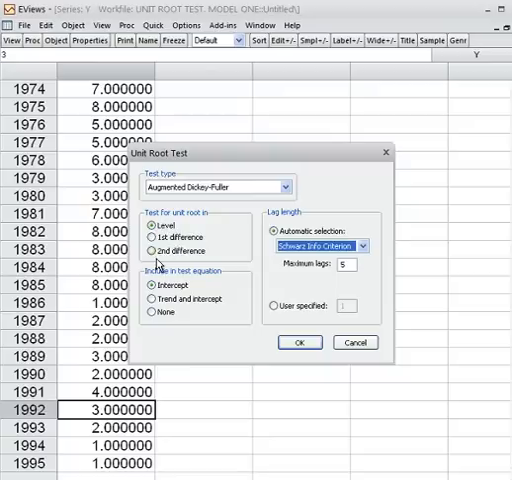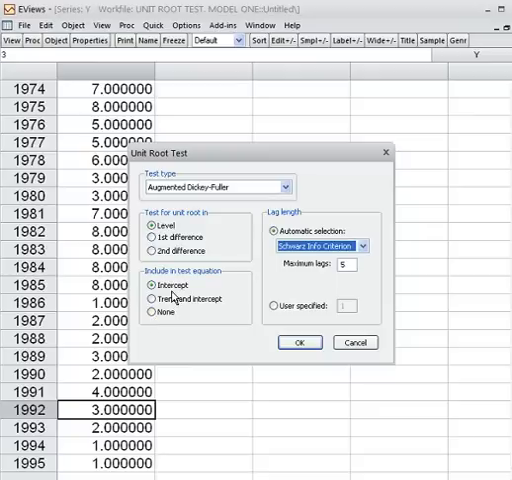Okay, now I talk about this part and that part. First I talk about this part. As I told you just now, the augmented Dickey-Fuller has 3 shapes. The first shape has an intercept, that is equation number 1, the second shape is trend and intercept, and the third shape has neither intercept nor trend.